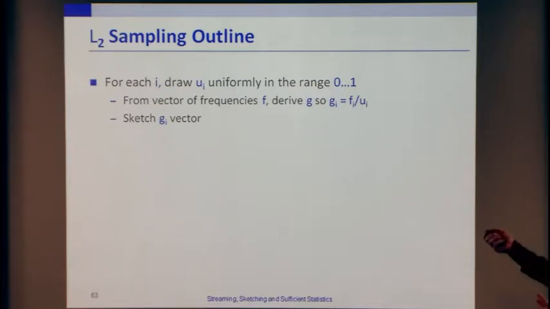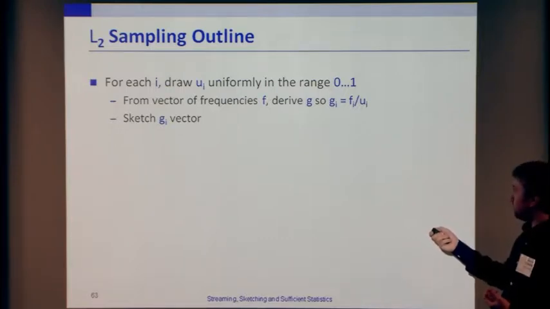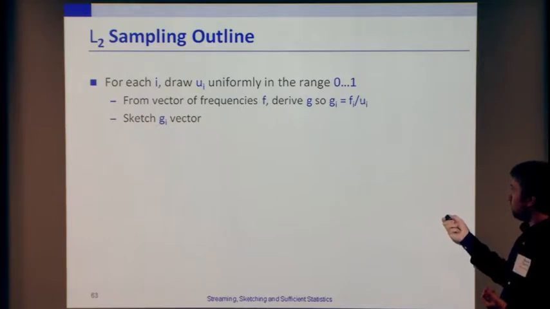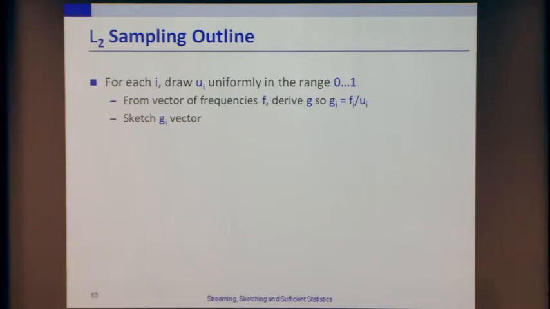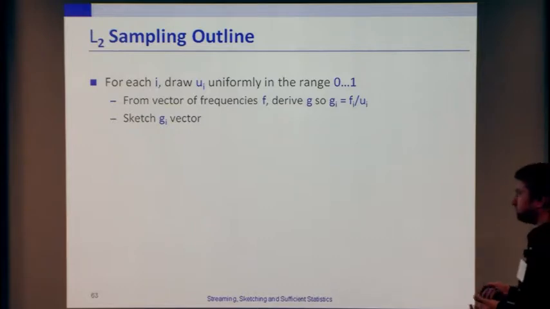So I'm going to remap my input based on random rescaling. For every element i, I pick some random weight ui in the range 0 to 1 and rescale fi by 1 over ui. This gives me a new vector g, and I'm going to build a sketch of that vector g and pull information out of that.